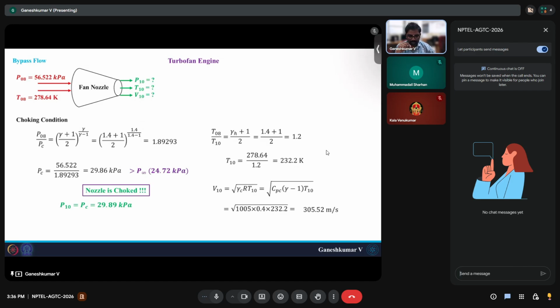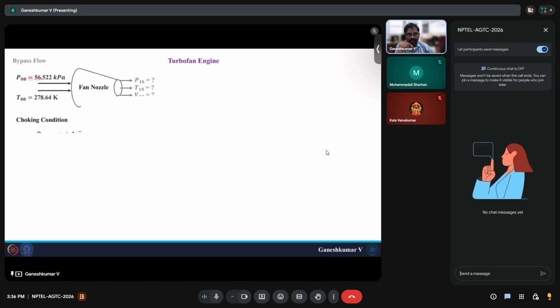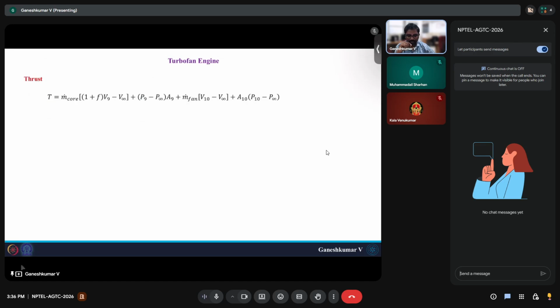Okay. Now finally you need to find out thrust. Again you cannot find thrust because m dot core is not given. Neither m dot core nor m dot fan is given. We were asked to find the specific thrust, so it has to be thrust per unit m dot core.